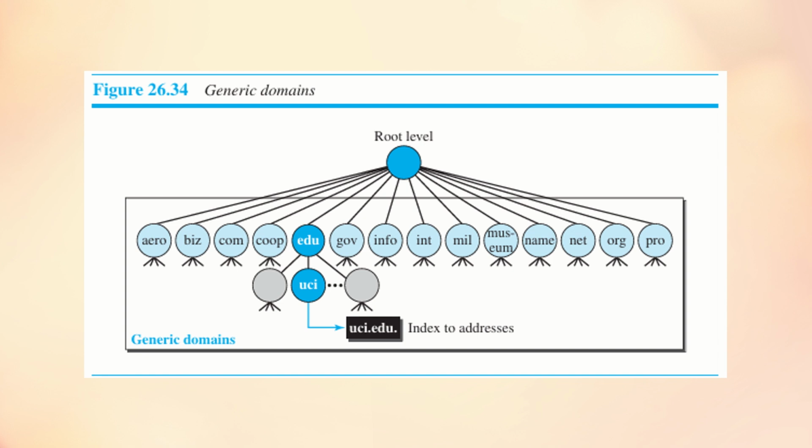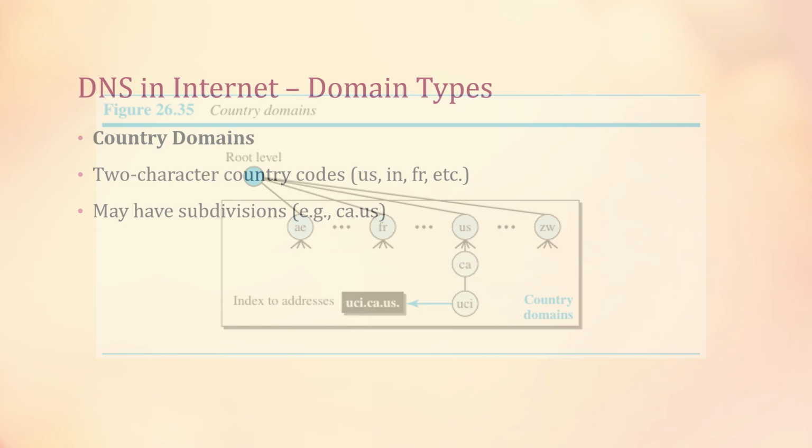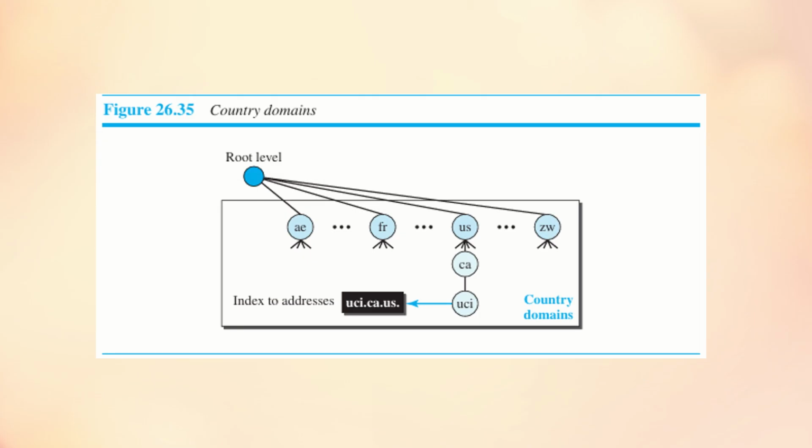Coming to the next type of domain, that is country domains. The country domain section uses two character country abbreviations. Example, US for United States. Second labels can be organizational or they can be more specific national designations. If you consider United States, for example, it uses state abbreviations as a subdivision of US.